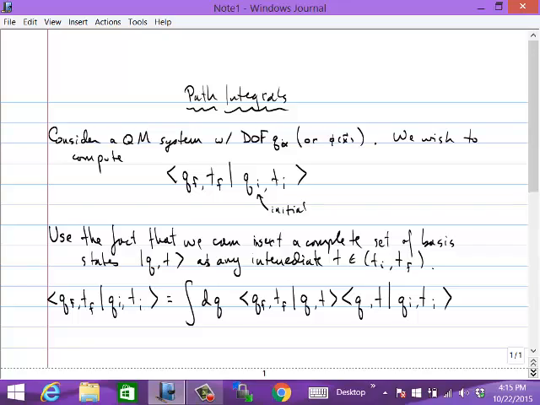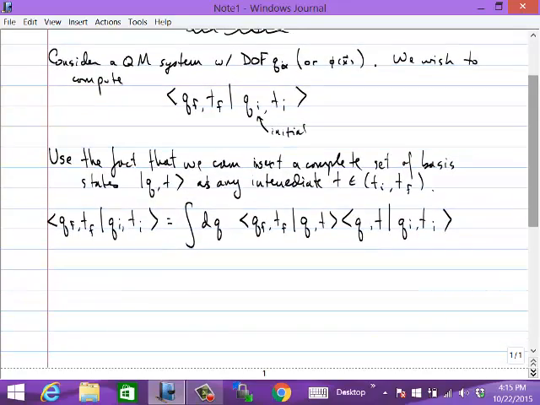So I haven't done anything here except insert an intermediate state. So, I really haven't done anything here.